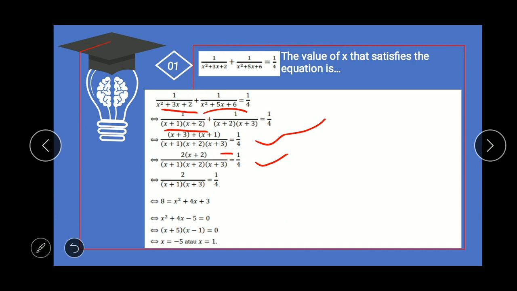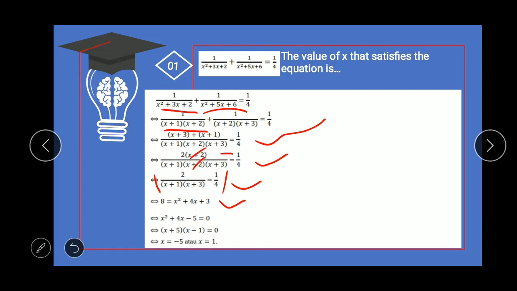Then we see that in the numerator there is x plus 2, and in the denominator there is also x plus 2, so we can cancel x plus 2. After that we find this form, and then we multiply it by (x plus 1)(x plus 3) times 4, and we get 5x equals x squared plus 4x plus 3.